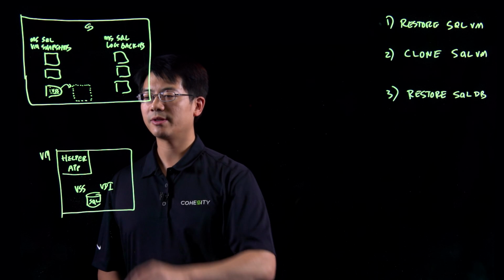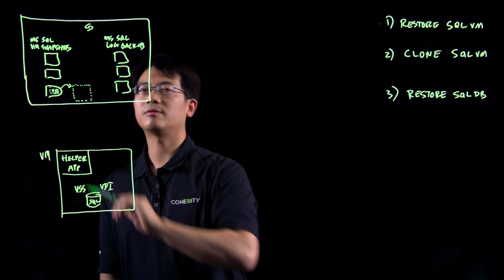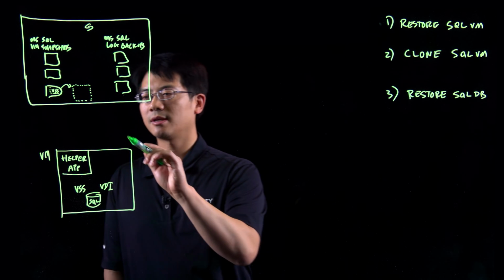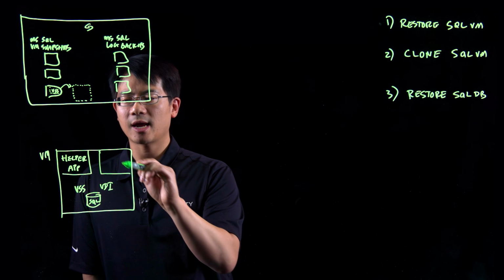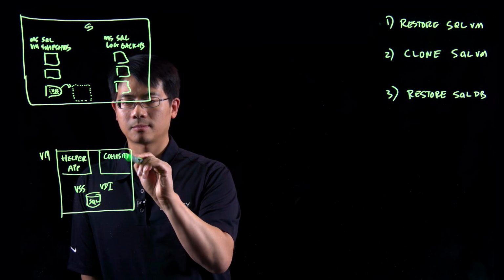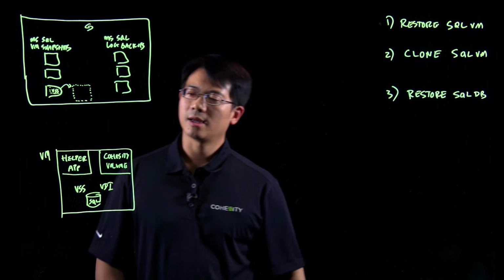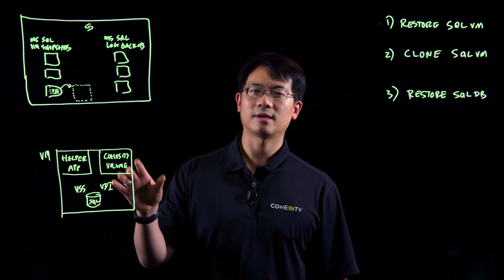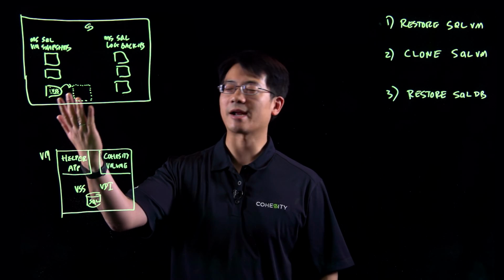So on the VM where the corrupted database is, what Cohesity can do is mount one of these SQL snapshots on the VM, and so then it will be available as a Cohesity volume. Inside this volume is an app-consistent snapshot of the Microsoft SQL Server Database backups.